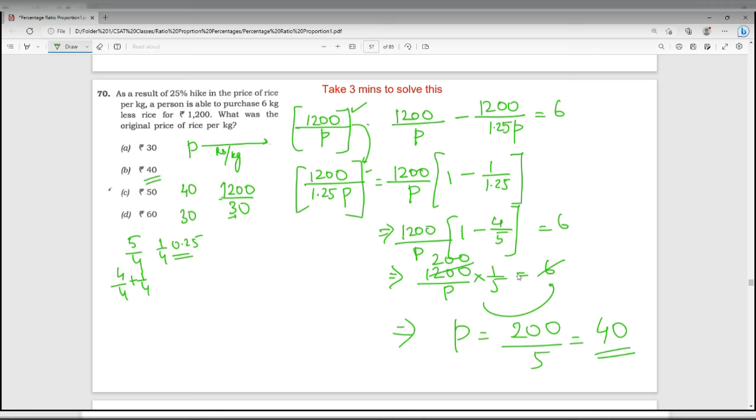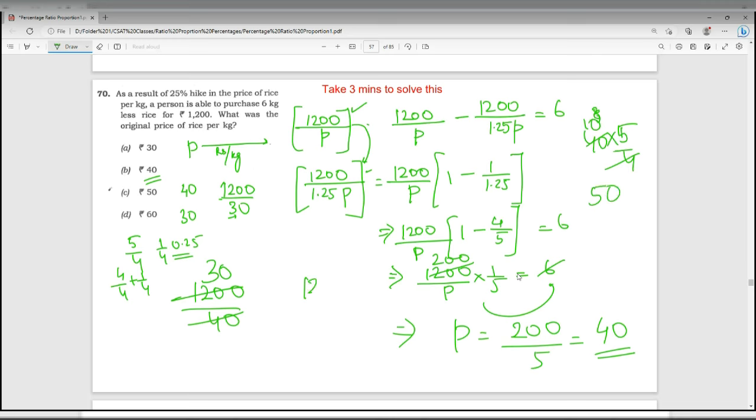So if you see what they're saying is, once the original price was 40, he could buy 30 kgs. Now the price has been increased to 40 into 1.25, that is 5 by 4. The price has become now 50.